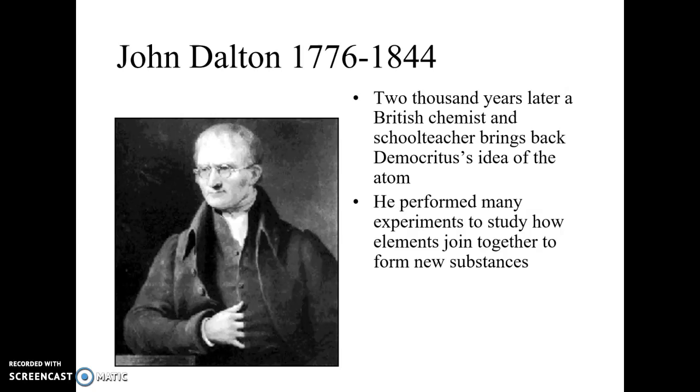So how do we eventually get to the understanding then that Democritus was sort of right? Well, it takes about 2,000 years. And a lot of people in between time working on different things, not necessarily that idea.